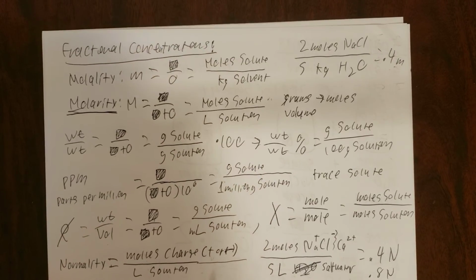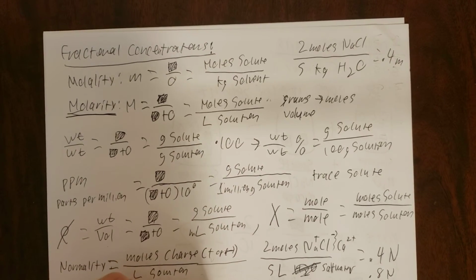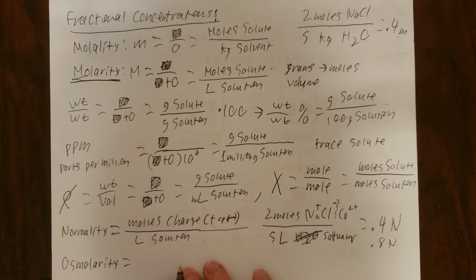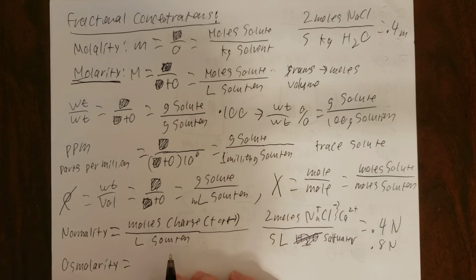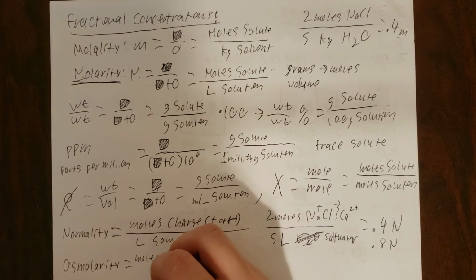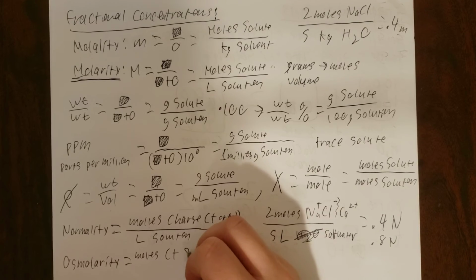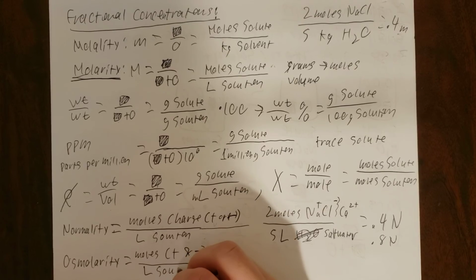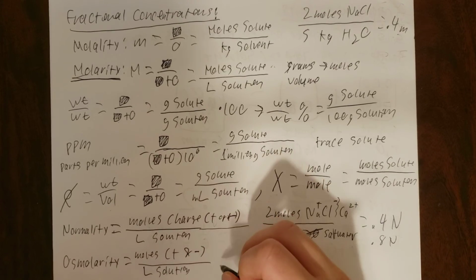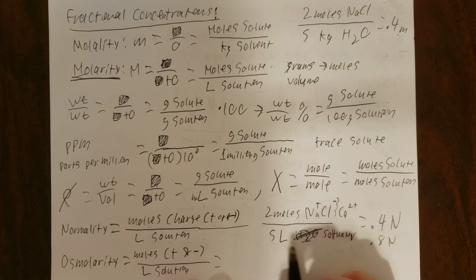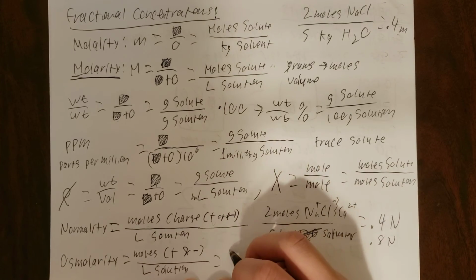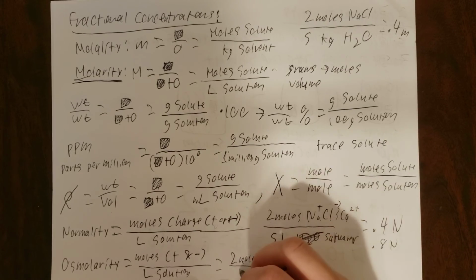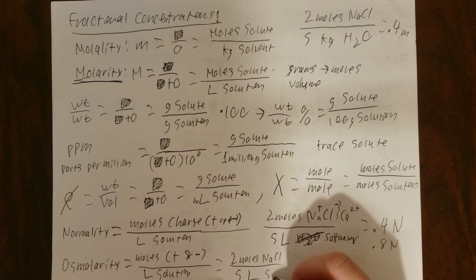And then finally we have osmolarity, which is moles of positive and negative charge per liter of solution. So, taking this example from before, 2 moles of sodium chloride per 5 liters of solution.